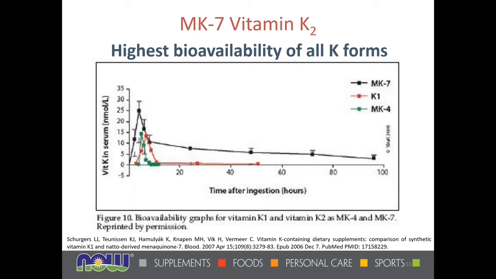So the absorption is dramatically better and the area under the curve is much larger for MK7. Its half-life is also longer. You can see from this chart that the half-life is indicated as much more as well. So people take the MK7 to boost the levels of MK4 in the body more efficiently and by taking less of the material.